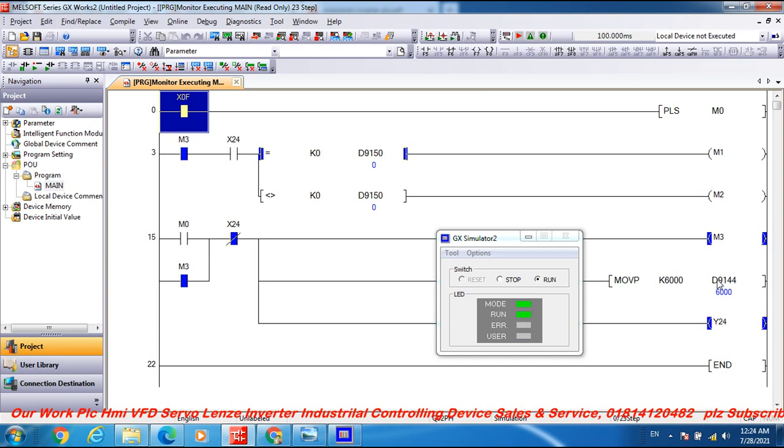Friend, inverter is running. And off. When X4 is on, inverter is stop running. X4 shift plus enter, on, off.